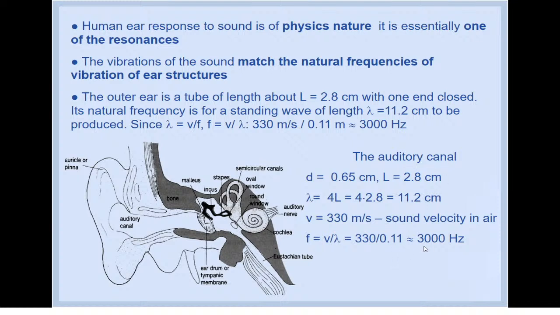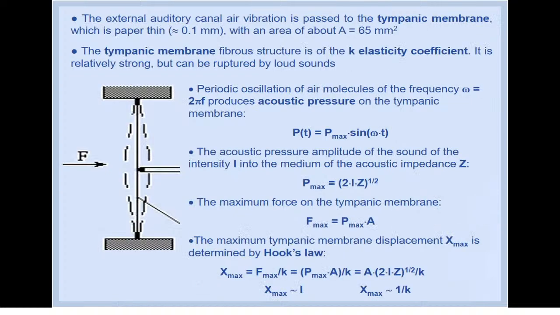That is why it is understandable now why 3000 Hertz is the best to be heard, because of the resonance: the particles of the air that fill that canal become to be in resonance with this frequency of 3000 Hertz.